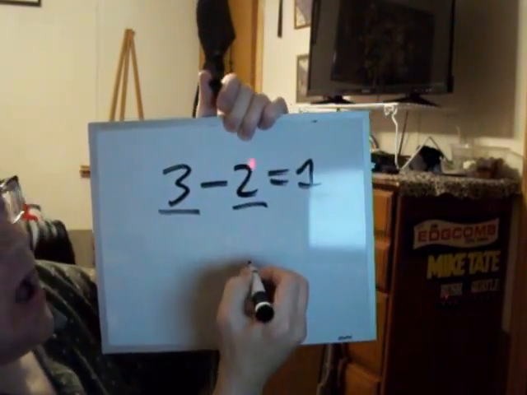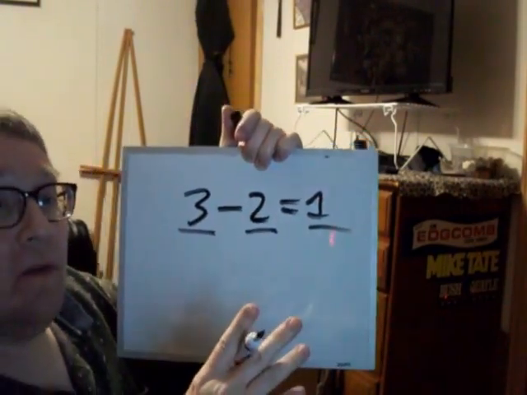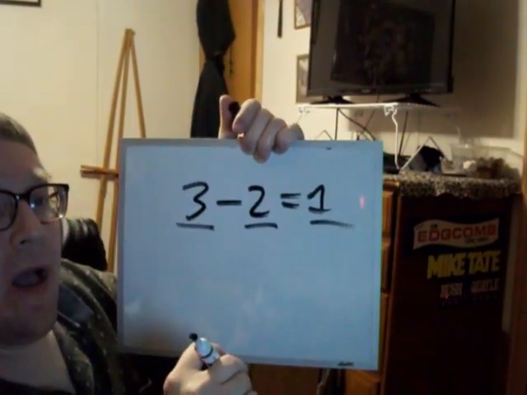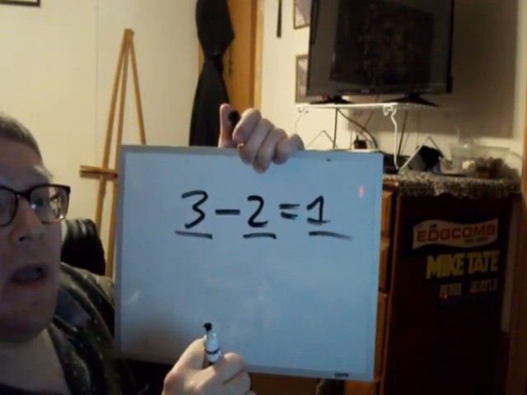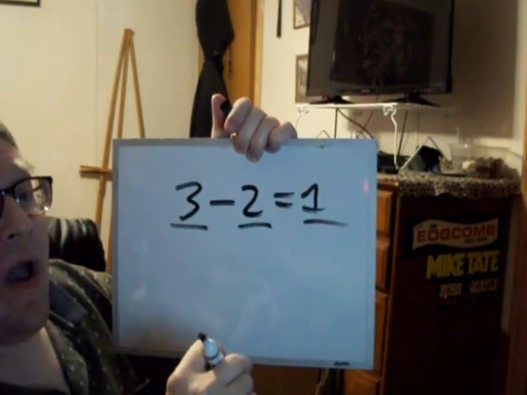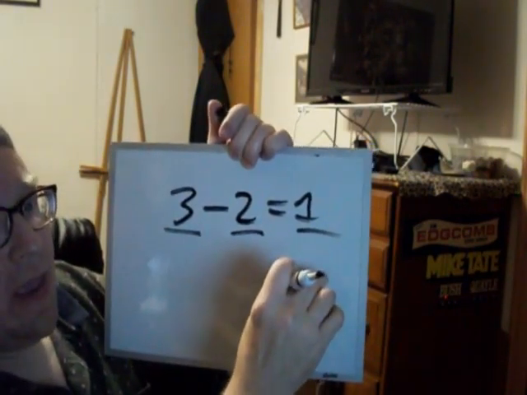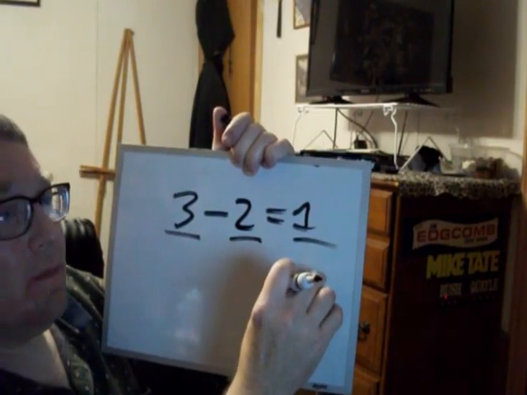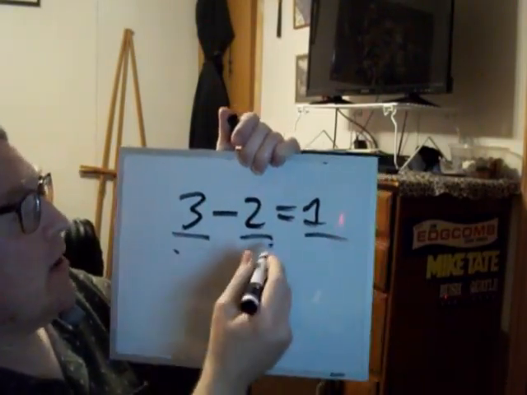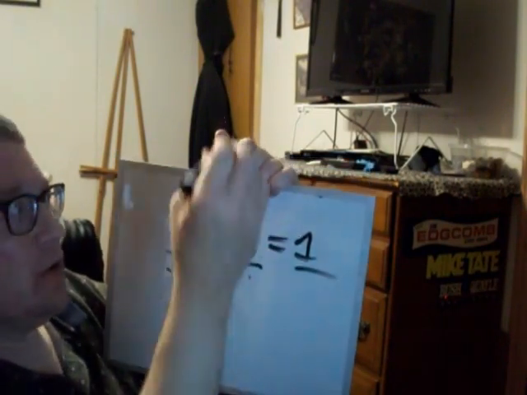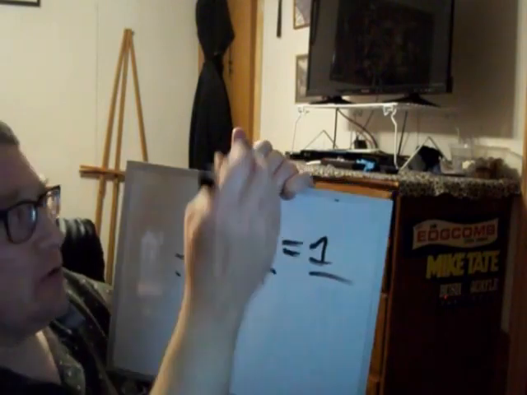This is called a subtrahend. And this, what's it called? I believe if I remember right, it's a difference. Minuend, subtrahend, and a difference. Because that's the difference of these two numbers.